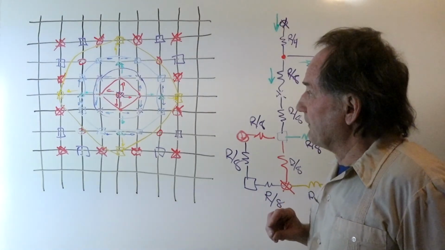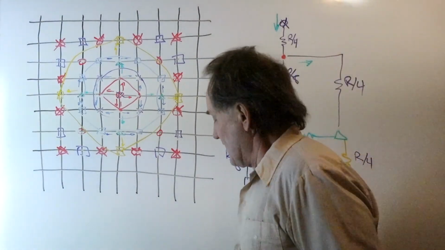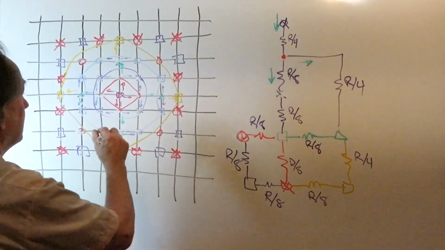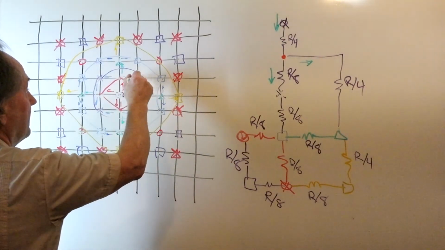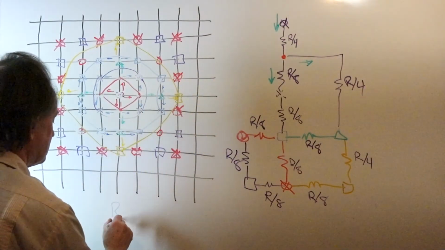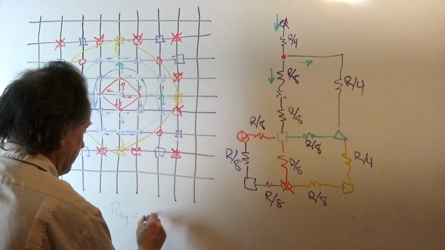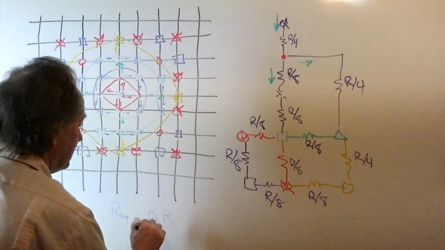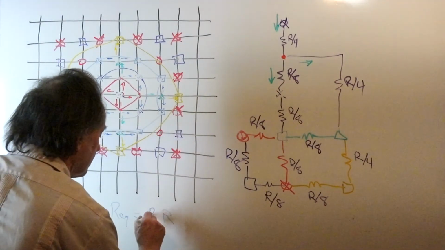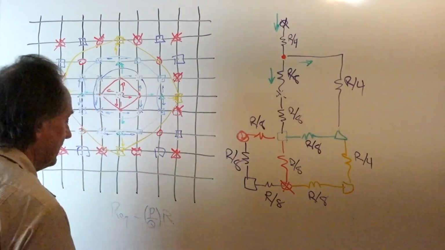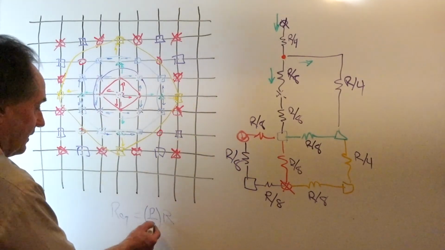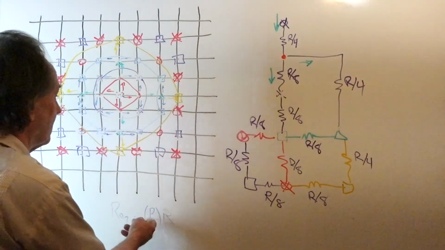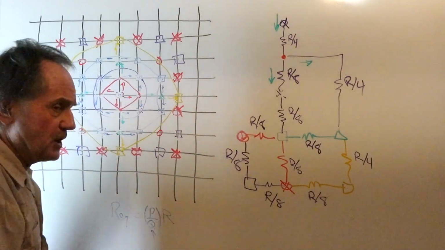So if you say that between, say, this node and this node, the equivalent resistance is P over Q times R, where P and Q are integers, that is not the correct answer, because P over Q, where P and Q are integers, is what we call a rational number, and this equivalent resistance is not a rational number.